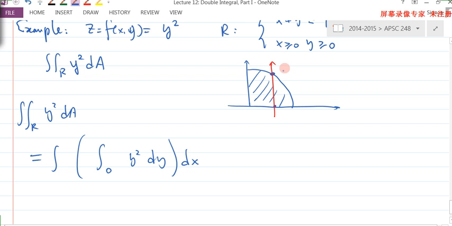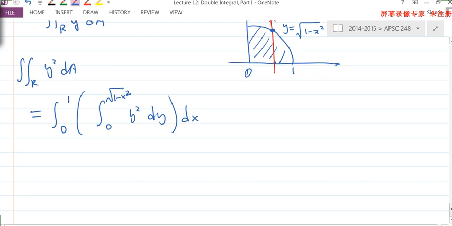Second contact is this. For the x, you sweep this line across this shadow, and the edge is 0 to 1. That's it. So this needs to be a fairly simple expression.